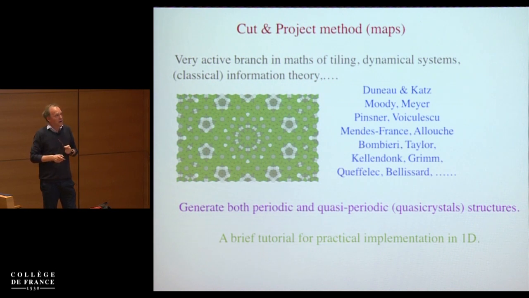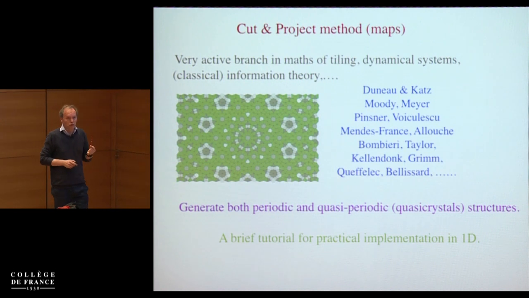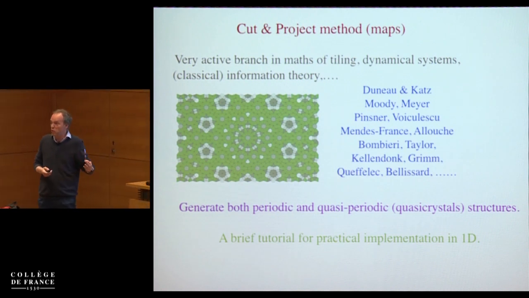And here I listed a very, very short subset of mathematicians, mostly, but sometimes physical mathematics people, that are active in this or were at the origin of this field, just to show you that it's a branch of math that is extremely active in France, that I think started mostly in France.